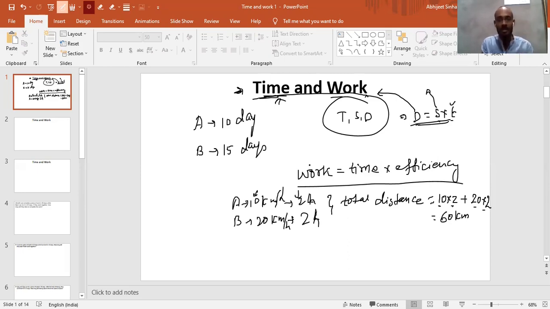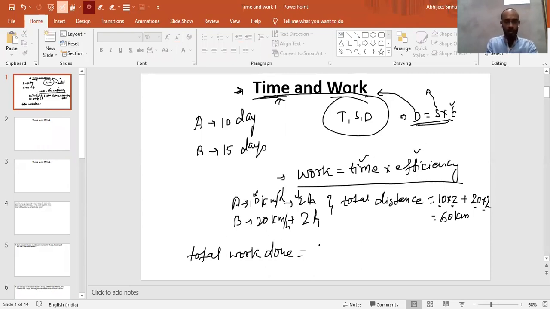The same thing applies to work, time and efficiency. Let us say there are two persons. What will be the total work done? The relation is the same: time into efficiency.